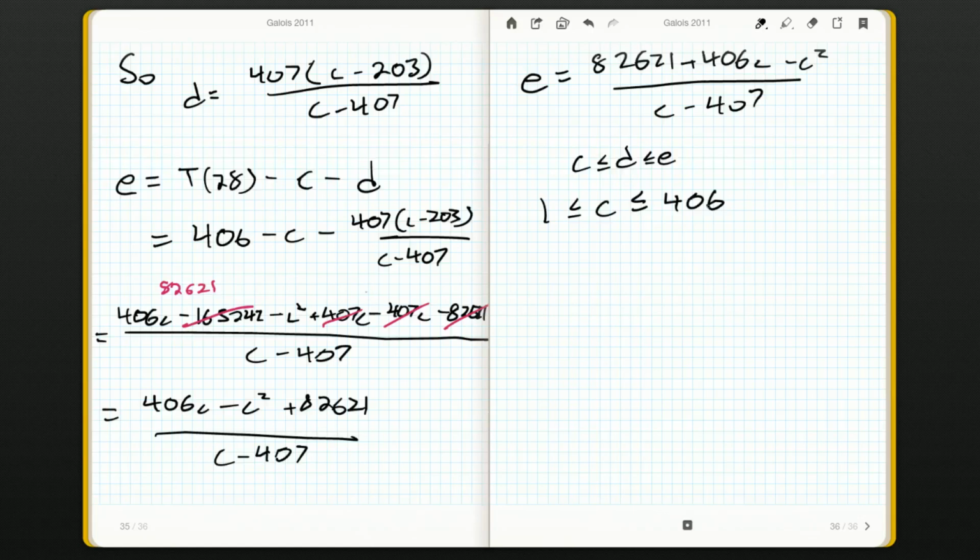Okay, so that means C's got to be positive, and 406 was T28. Right, since C, D, and E are all positive, in fact, we could probably say C's got to be less than 406 divided by 3, but I don't think we need to say that right now. No, let's say that right now. It might help us out.